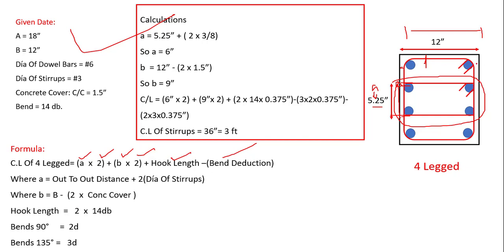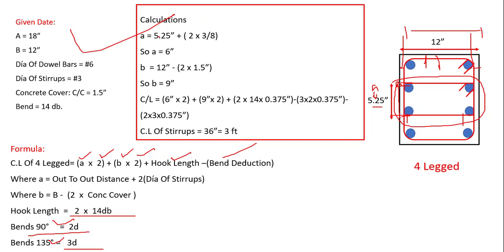We need to deduct the concrete cover at one end and at the other end in order to find the outward dimension over here. This is equal to this one, remember this one. And the hook length is 14 dB for each hook, and the bend deductions are 2D for 90 degree and 3D for 135 degree. So we have here 3 bends for 90 degree and 2 bends for 135 degree.